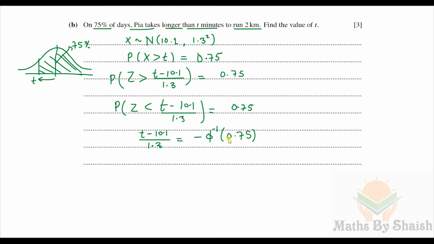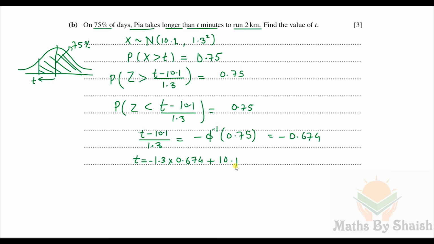It is minus 0.674. So t becomes 1.3 into minus 0.674 plus 10.1. So we will calculate this value now: 1.3 into minus 0.674 plus 10.1.